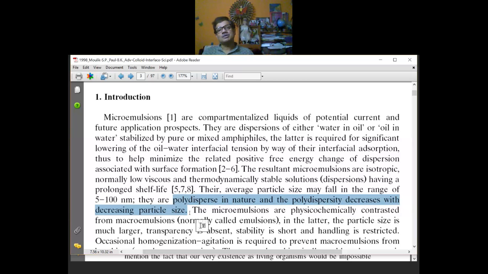How is it possible? It is in the form of a microemulsion, where water-in-oil microemulsions are formed. But you see, it does not appear turbid. It is very clear. So you can clearly distinguish a microemulsion from a macroemulsion.